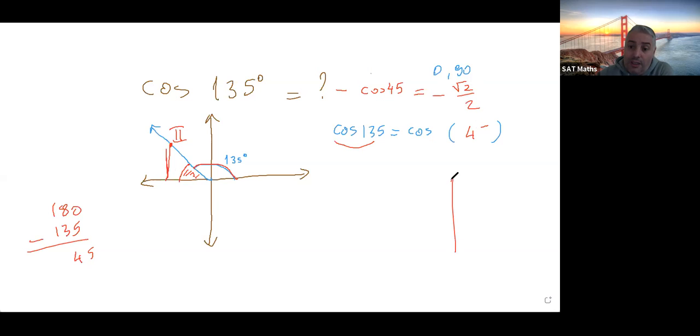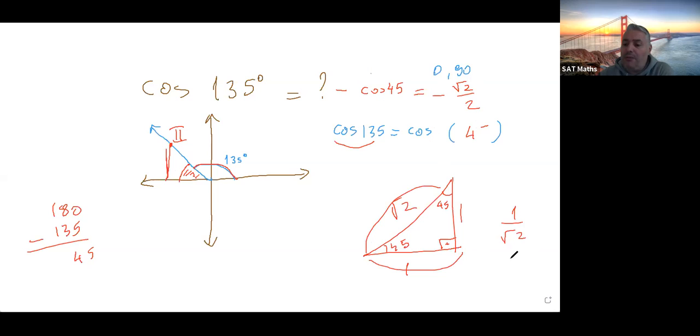If not, you have to know this special triangle, 90 degrees, 45 degrees, 45 degrees, with sides 1, 1, √2. Cosine means adjacent over hypotenuse, so 1/√2. Multiplying numerator and denominator by √2, 1 times √2 over √2 times √2, it will be √2/2. That's it. We solved the question.